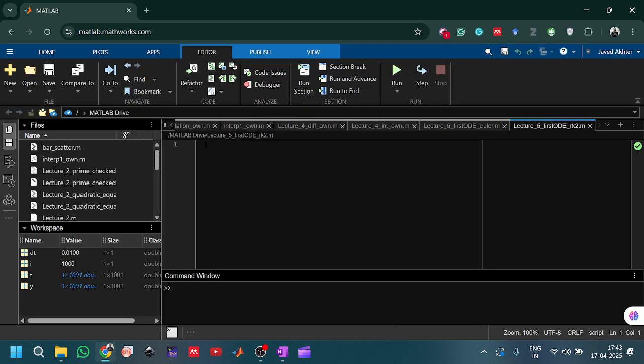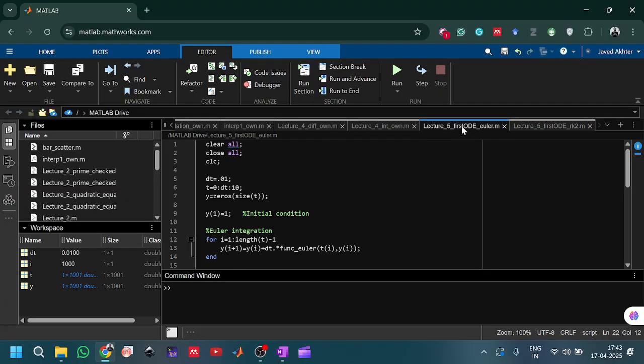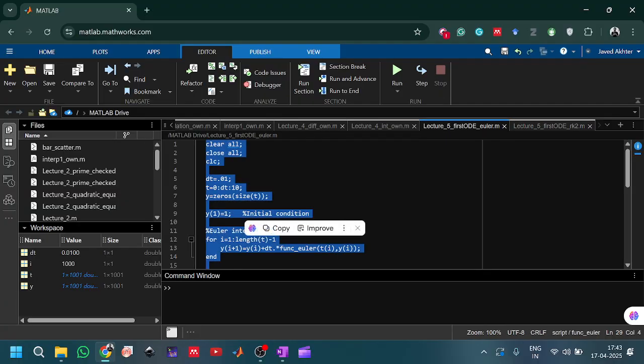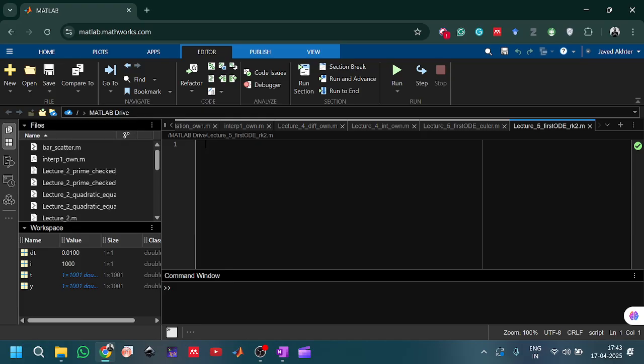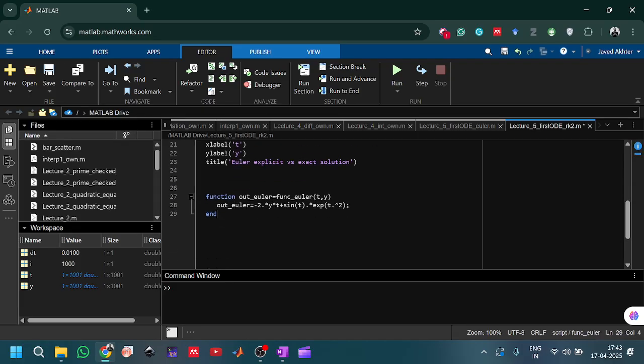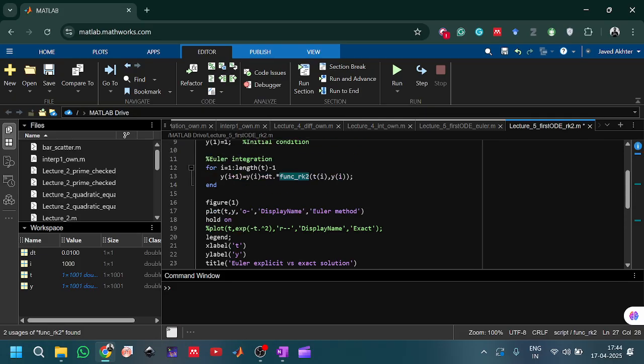Fine. Let me copy it because most of the things are the same. This is your functional form, and we'll change it. Let me call it RK2. Press Shift Enter to rename the other instances here. You have to change everywhere where it is written Euler, so I rename it RK2.